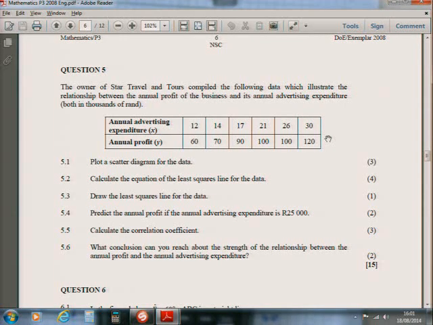I press 2, it gives me B, and then B is 2.967479675. Good. Now in that way I can write the equation. A is 30.6. Now I can write the equation.